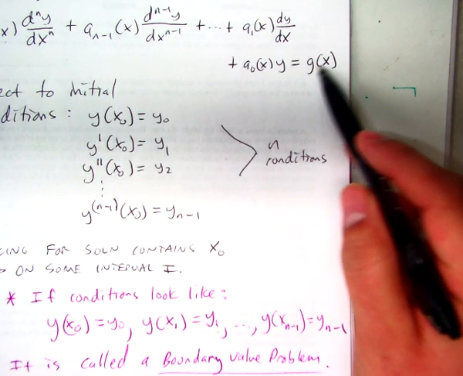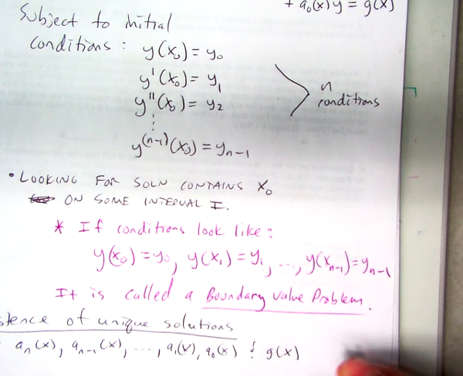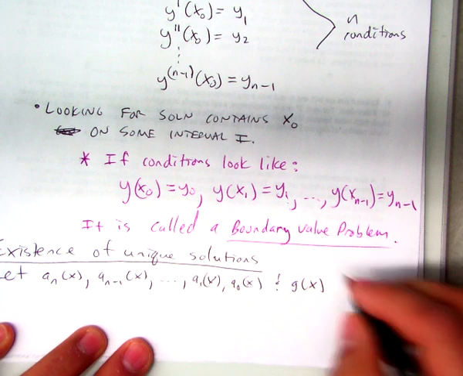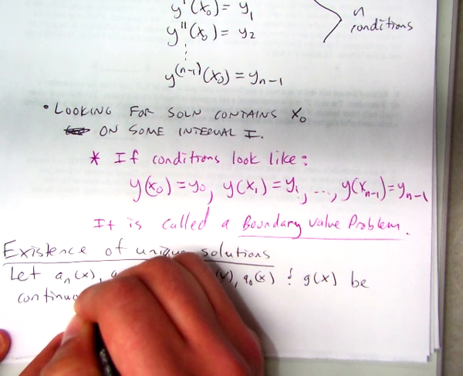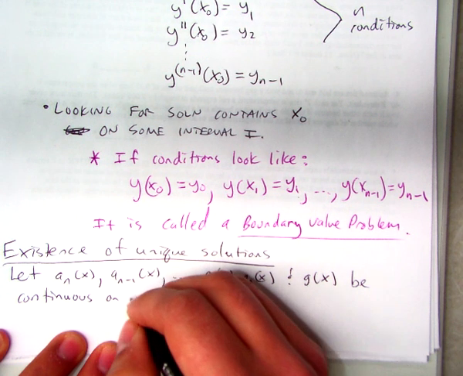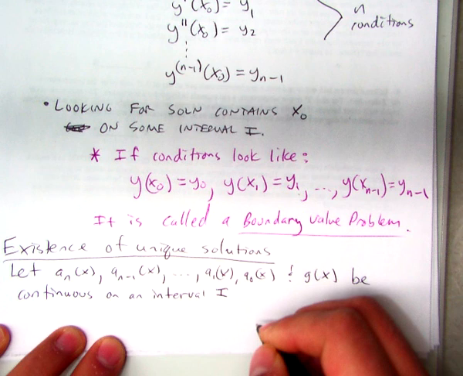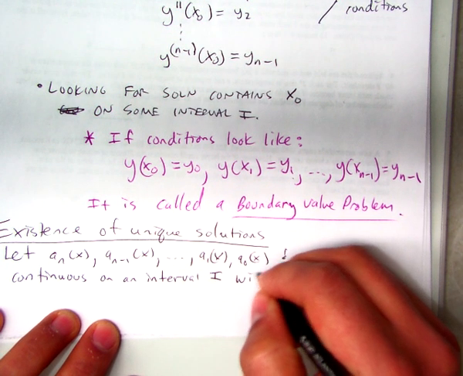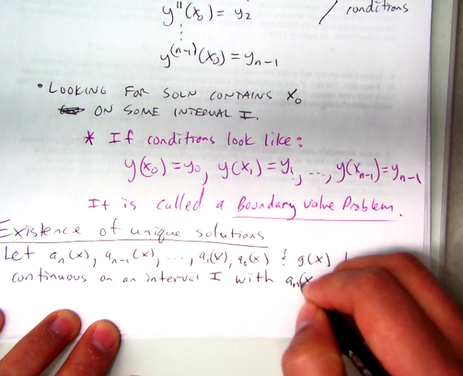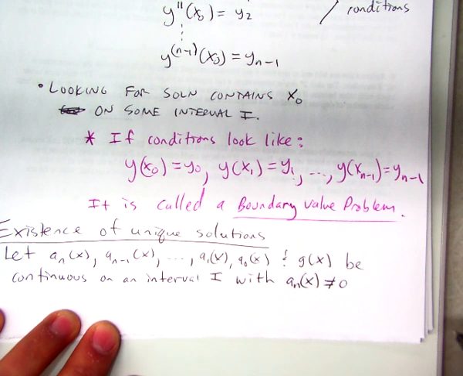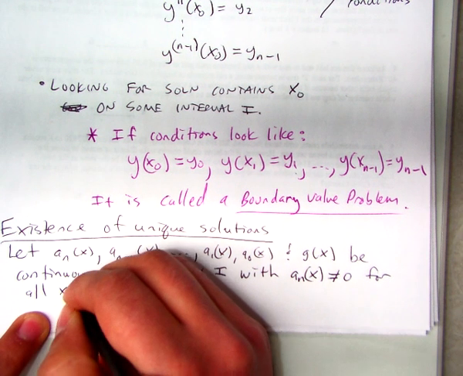and whatever function the equation is equal to, which is g of x, be continuous on an interval I with the leading coefficient, a sub n of x, never equal to 0 for all x in this interval.